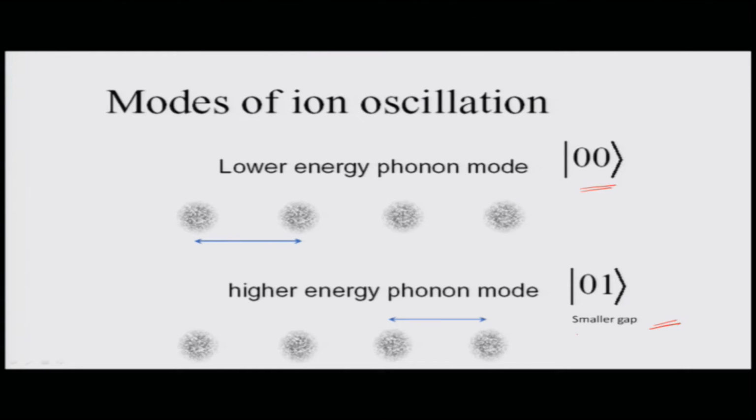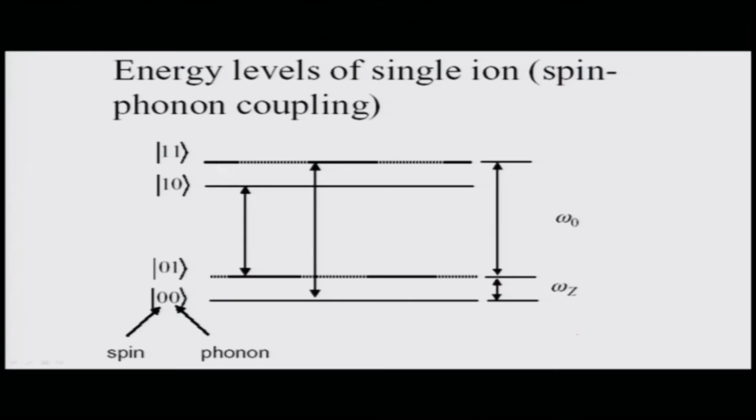So, the interaction between the ions, which is the phononic interaction due to their motion, is one kind of mode, and that can be addressed in addition to the internal state of the system. For example, here is the energy level of a single ion spin-phonon.